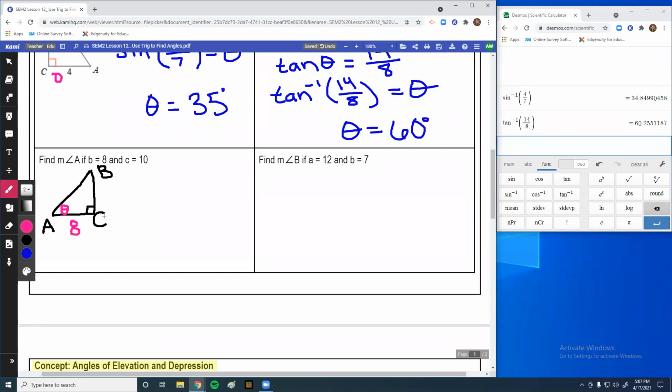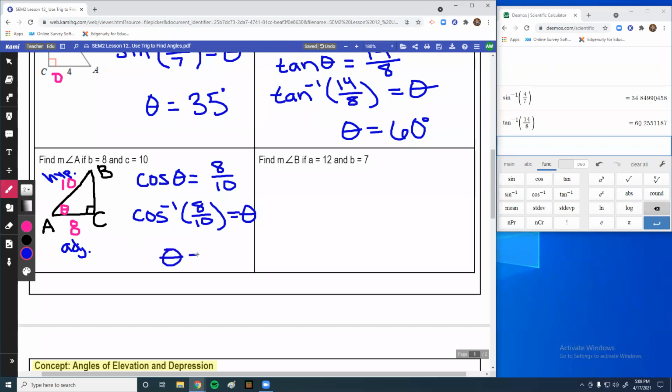And then lowercase c, which is opposite angle C, is 10. So we have an adjacent and a hypotenuse. Adjacent over hypotenuse is cosine. So cosine of theta is equal to 8/10. Again, don't worry about simplifying the fraction. We're going to put it into cosine inverse. 8/10 is equal to theta. And now we're going to go to our calculator. Cosine inverse, 8/10.